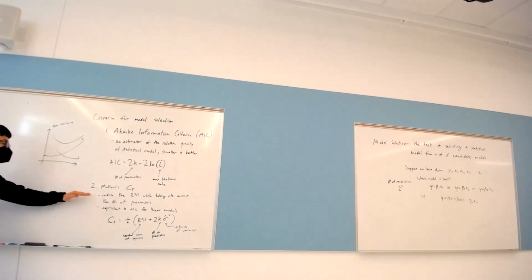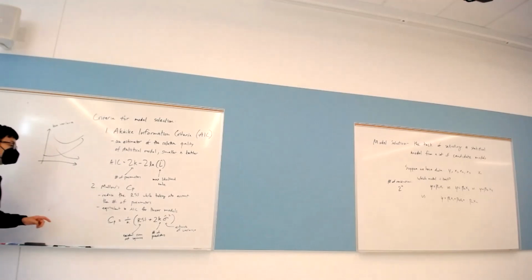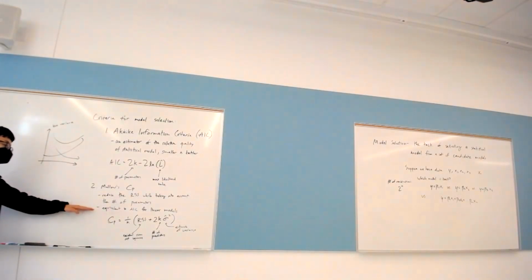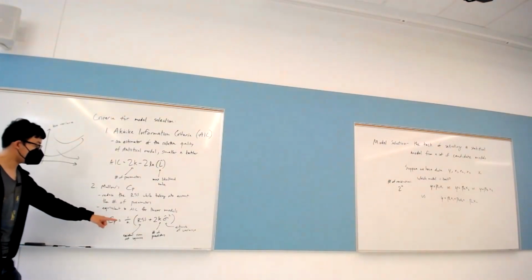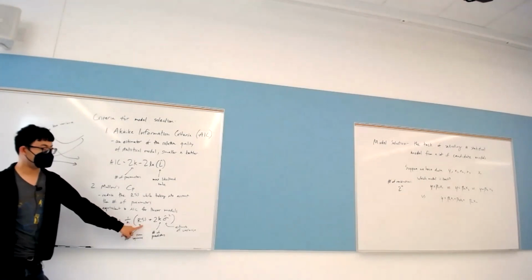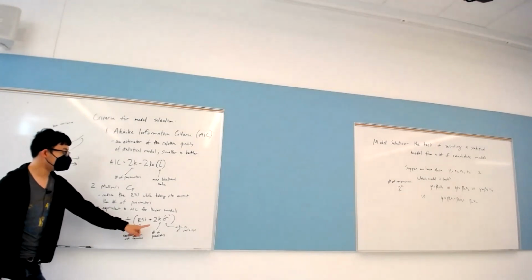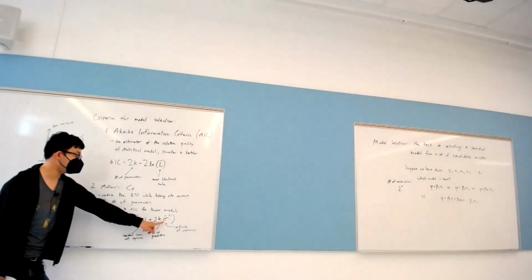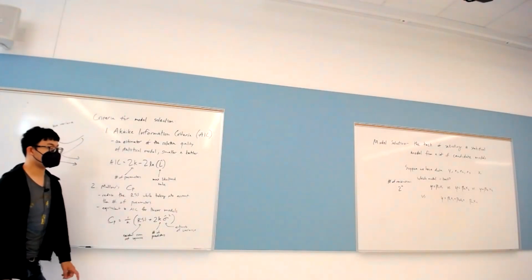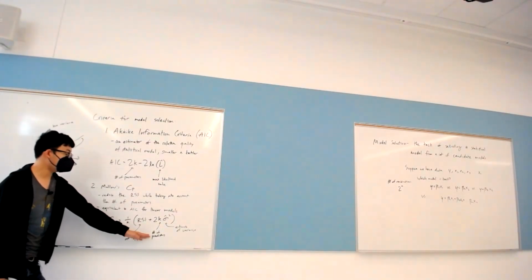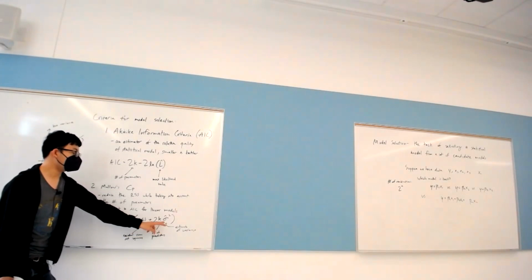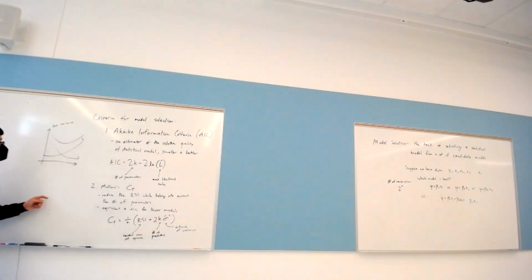Okay, but so Mallows' Cp reduces the RSS while taking into account the number of parameters, equivalent to AIC for linear models. So this equation has the RSS on the left plus 2 times k times sigma hat squared. That k is your number of predictors, and this is our estimate of variance.